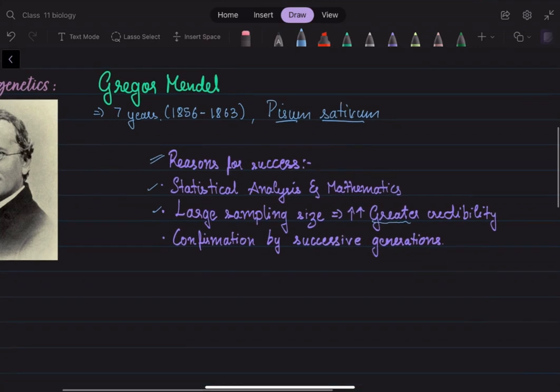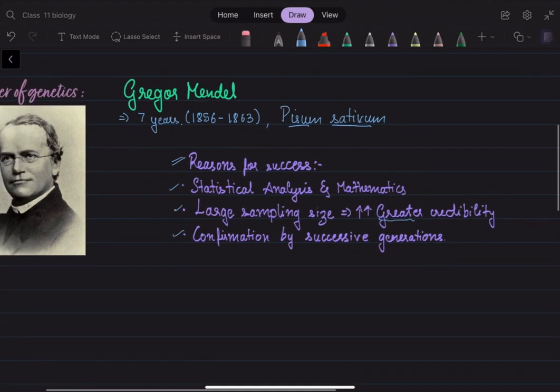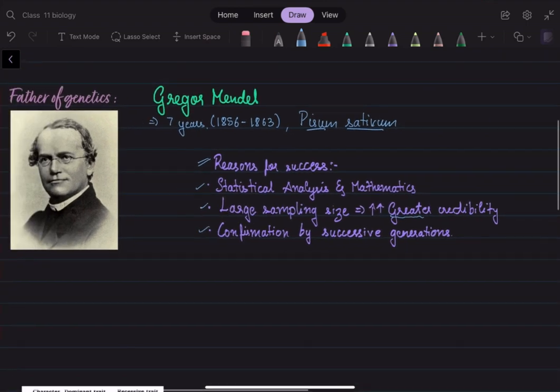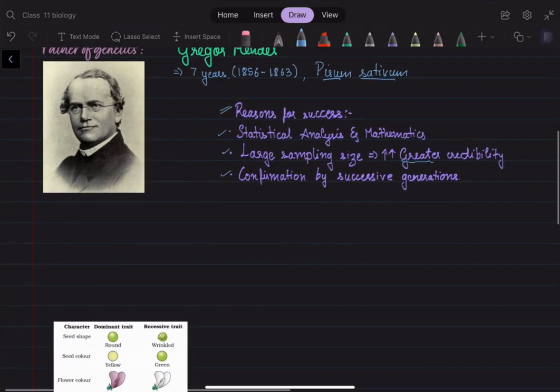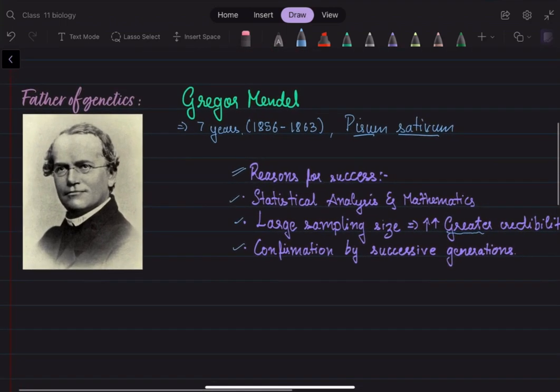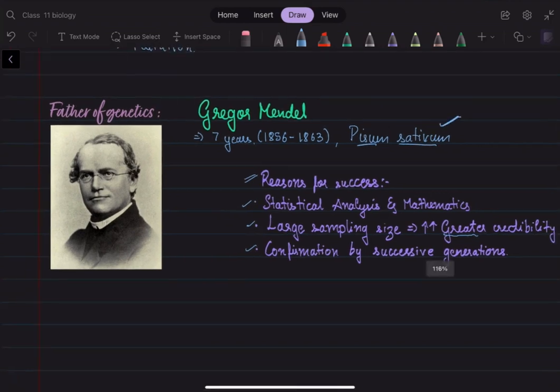And later, also, his findings were confirmed by successive generations. So they performed the same experiments, and they found out that definitely what he has proposed in his principles is definitely true.